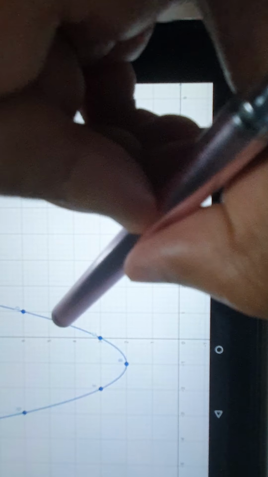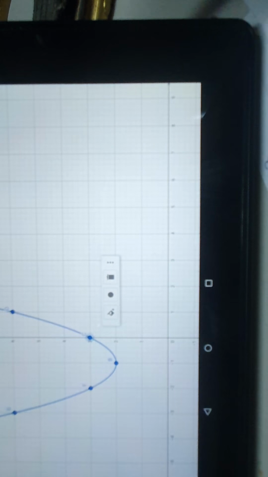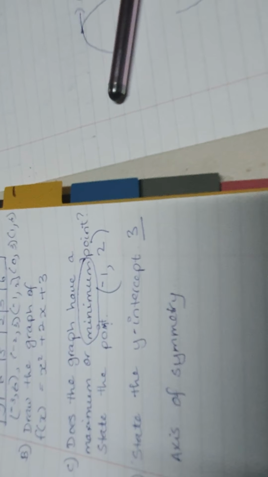It cuts it at this little point here. And what number is that there? Let's look at it closely. I don't know if you're seeing that clearly. It's the number 3. So it's cutting this black line at number 3. So state your y-intercept. Your y-intercept is 3. That's the answer.